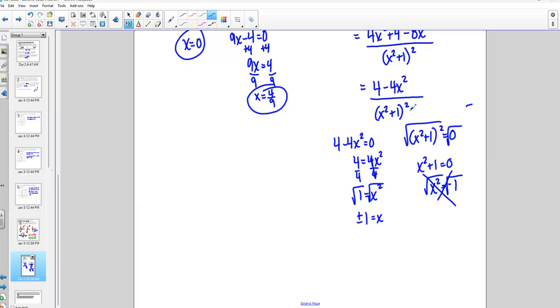Is there any chance that number is ever going to equal 0? It is not. It's already positive and greater than 0 here, and it would still be positive even before I square it another time. So it's never going to equal 0. Sometimes you can recognize it even before you set it equal to 0. So your critical points for this are just positive 1 and negative 1.